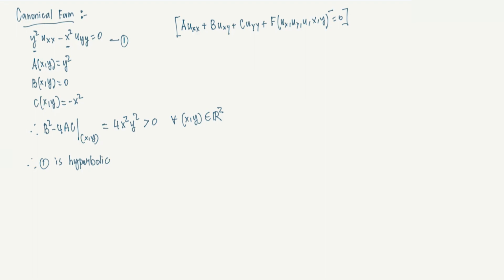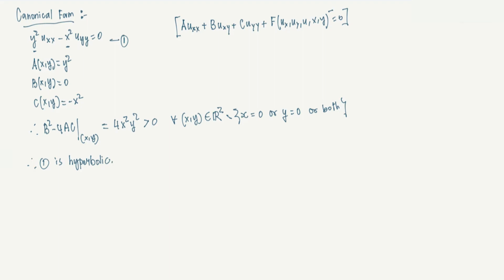Of course, this is true only except x equals to 0 or y equals to 0 or both. In each quadrant this is always true. Okay, so 1 is hyperbolic.